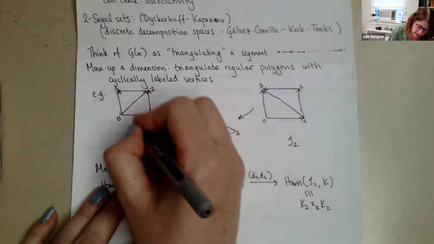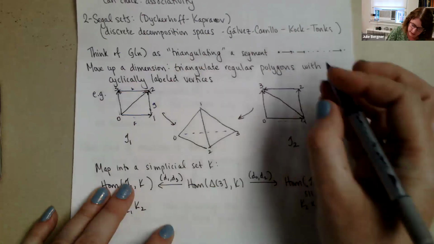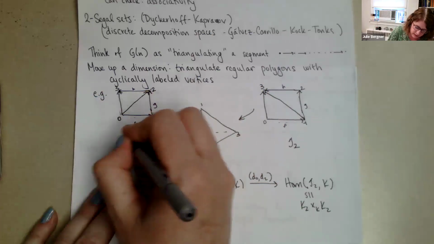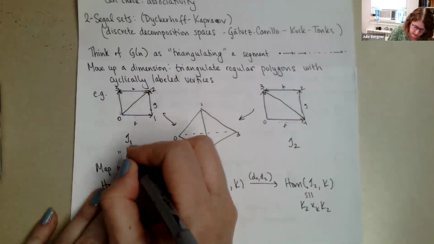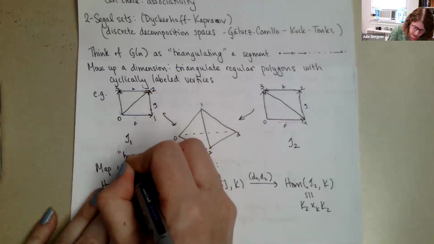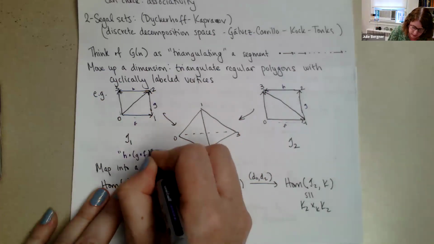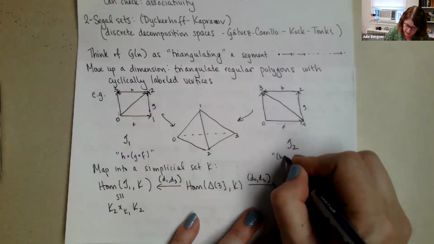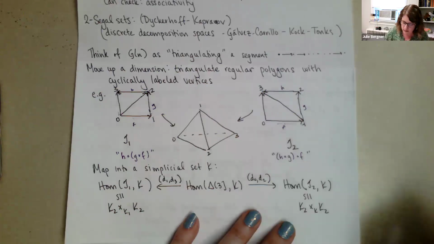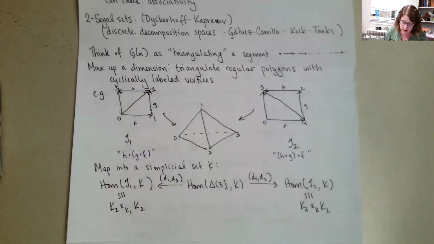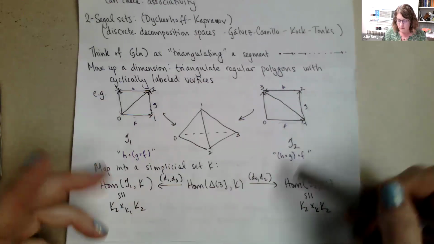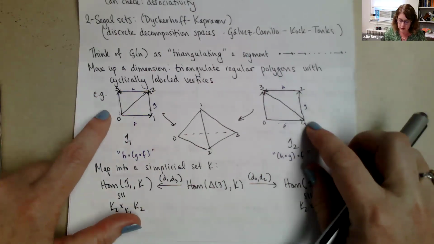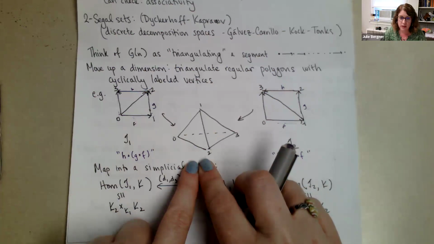So if I call these F, G, and H, then this side over here is like having H composed with the composite of G and F. And this is like saying I have H composed with G, then composed with F. And if K is 2-Segal, then either of these uniquely determines the 3-simplex.